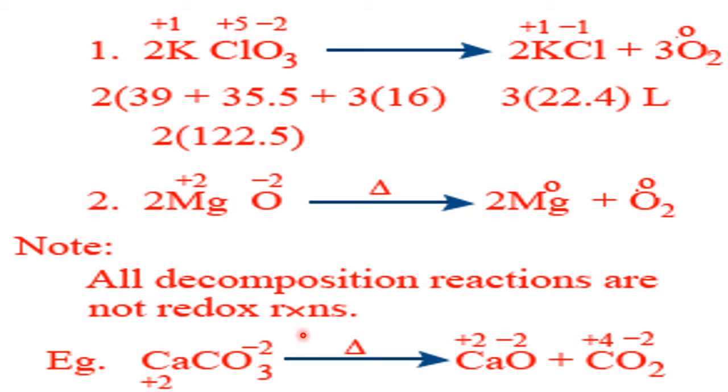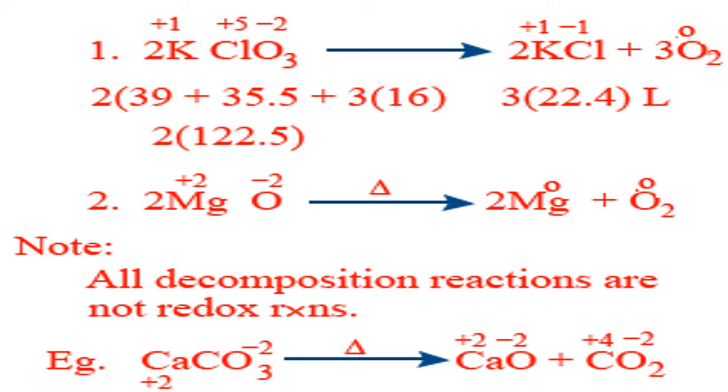Okay. Now let us take this example. Calcium carbonate: calcium +2, here also +2; carbon +4, here also +4; O before the decomposition -2, O after the decomposition -2. That means in this example where calcium carbonate has undergone decomposition, we have not seen any change in the oxidation number.